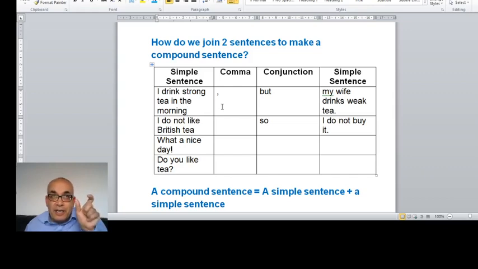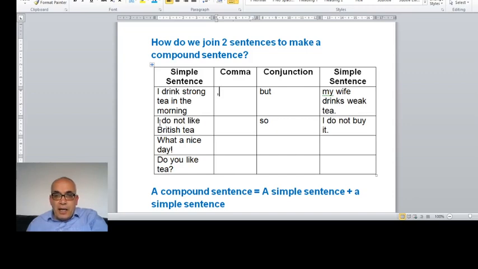I drink tea, this is short, but my wife drinks coffee. So I don't need a comma before but. Here I use a comma. I drink strong tea in the morning, because this sentence is rather long, so I use a comma.